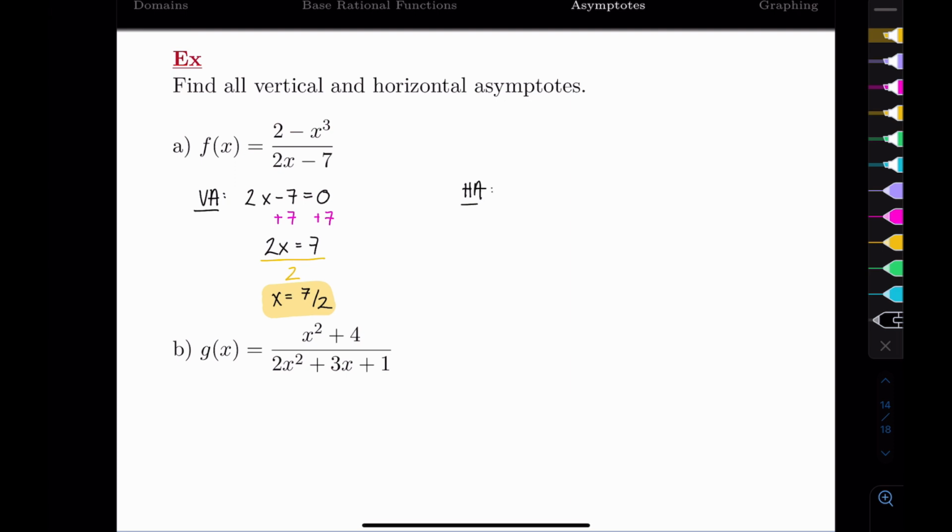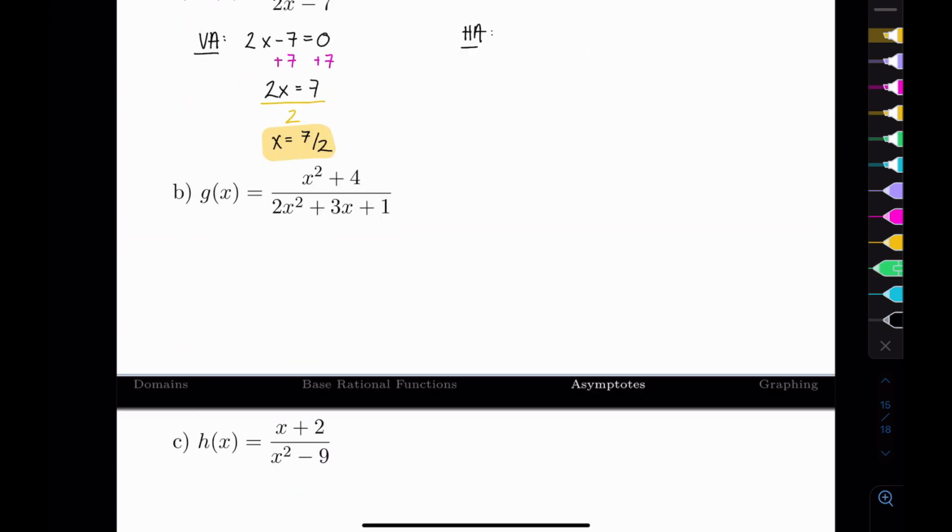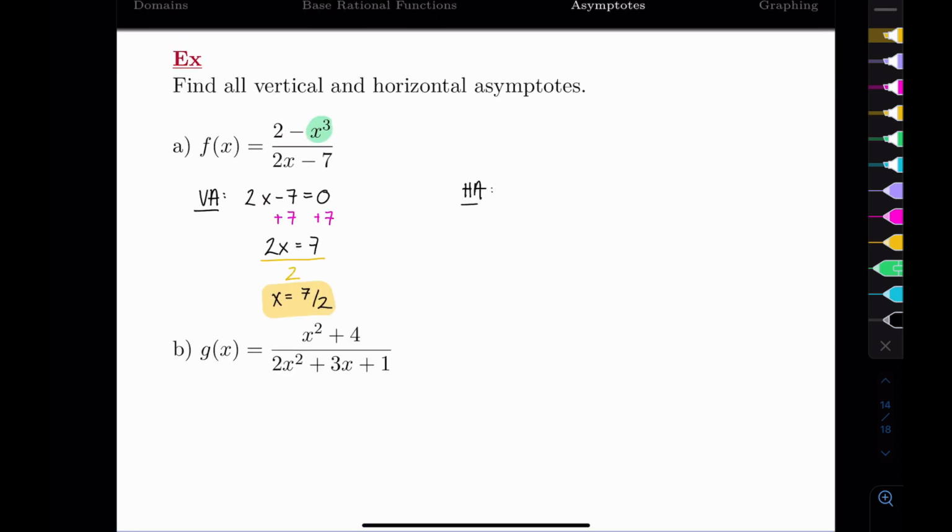Now when we go to find the horizontal asymptote, we want to compare the degrees of the top and bottom. So when I look at the top expression, the highest power I see is 3. So the degree of the numerator is 3.